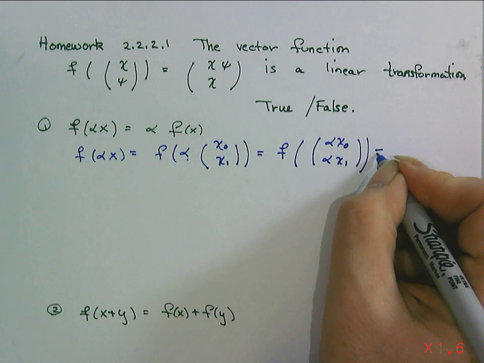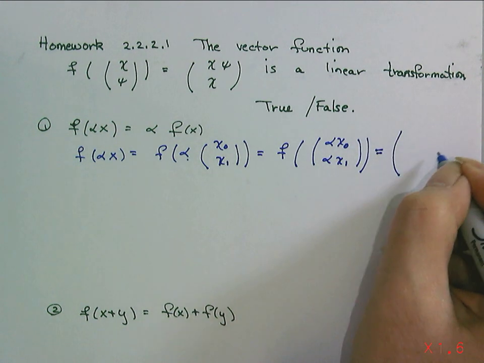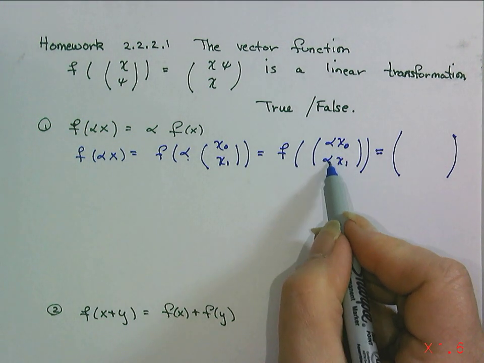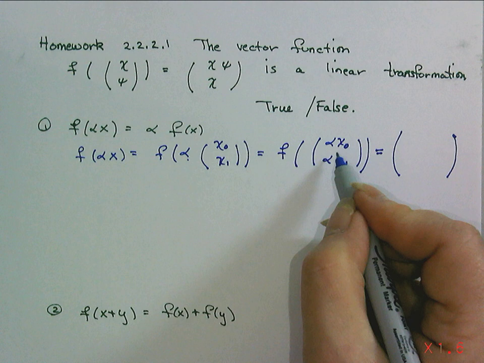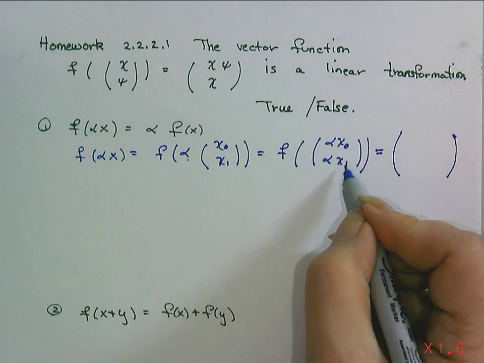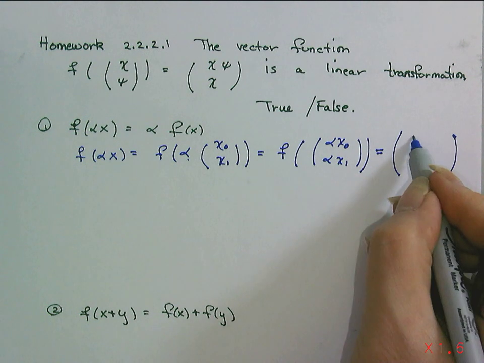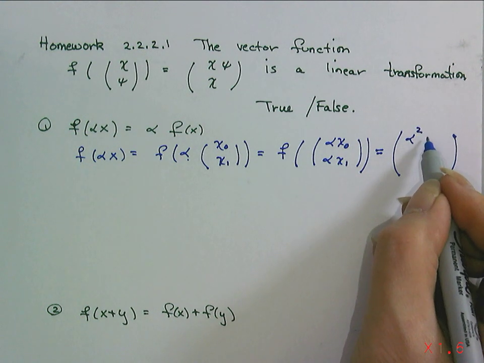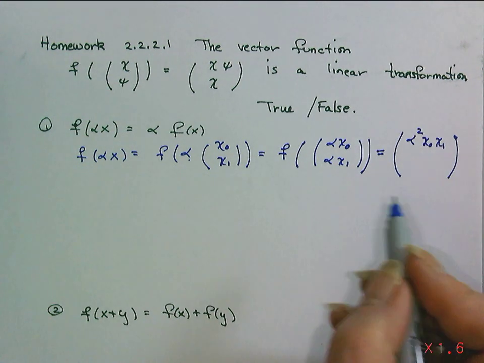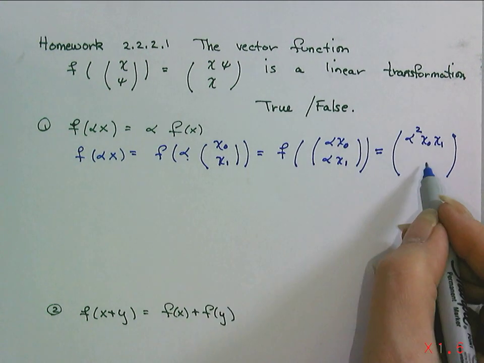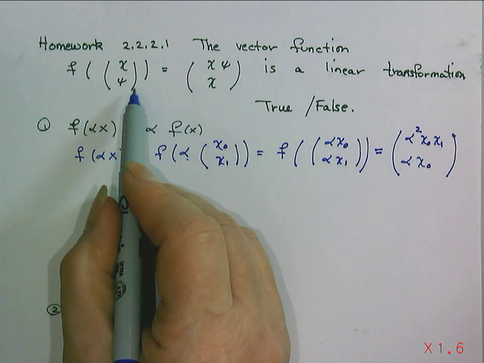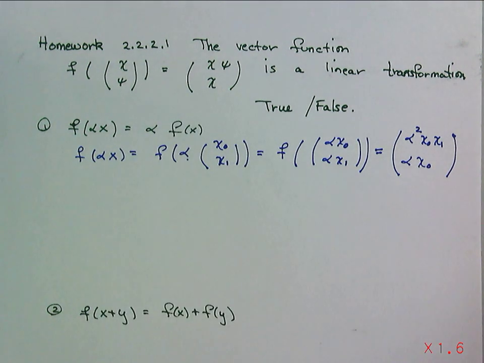The result is supposed to be a vector whose first component is the product of these two components. So it would be alpha times chi sub 0 times alpha times chi sub 1, which would be alpha squared times chi sub 0 times chi sub 1. And the second component would be alpha times chi sub 0, because that's what the definition tells us to do.